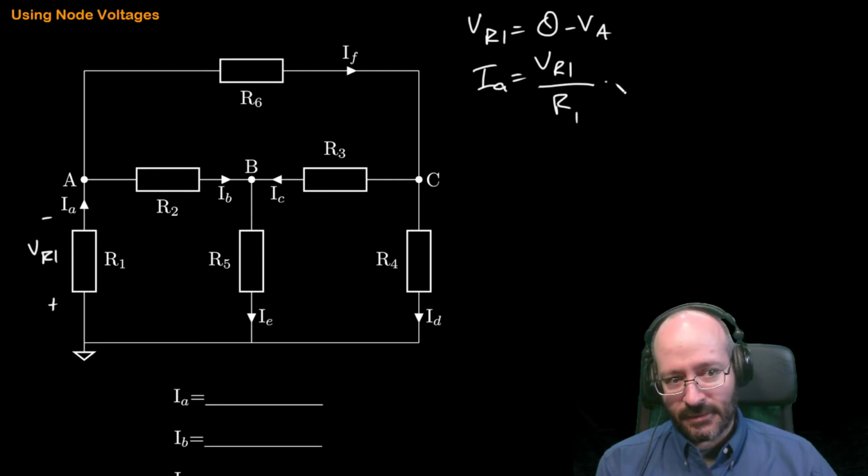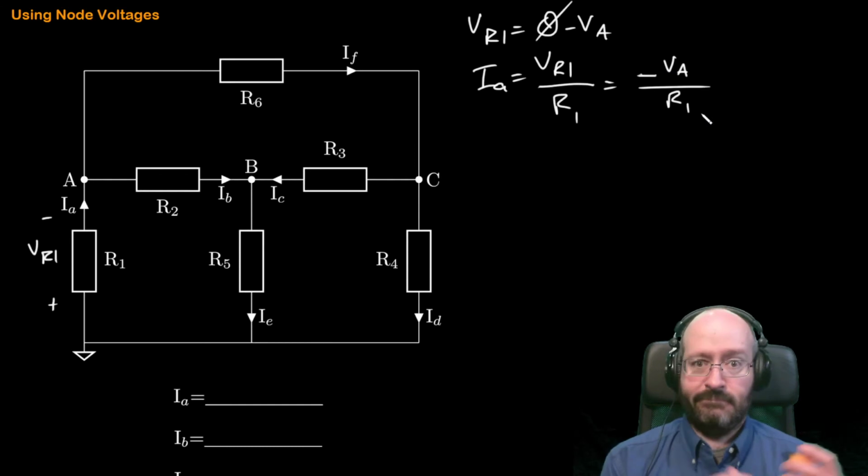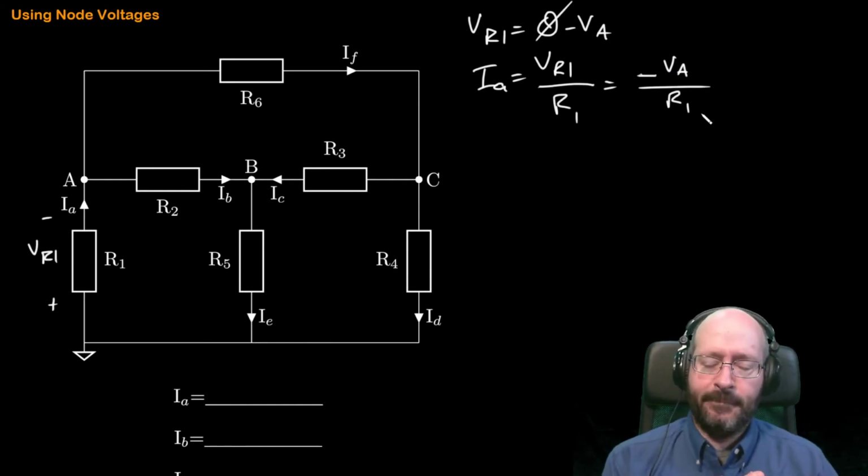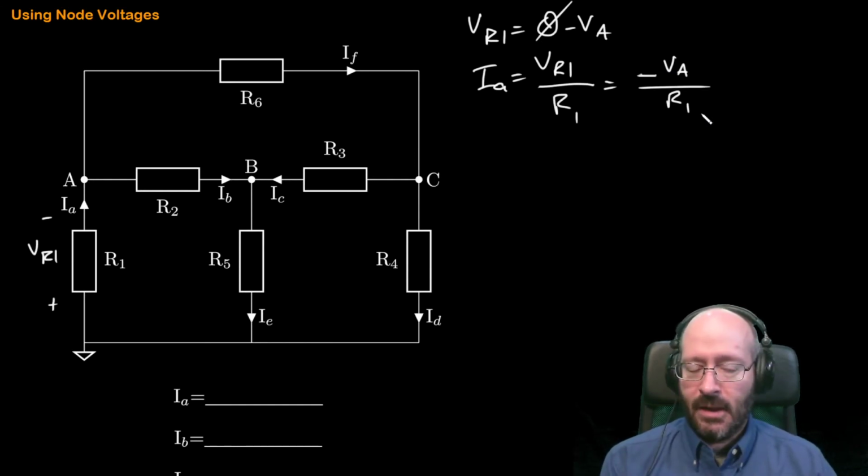All that's left here is to substitute this in, and the 0, of course, is going to drop out. So I can say IA is equal to negative VA over R1. Not too bad.